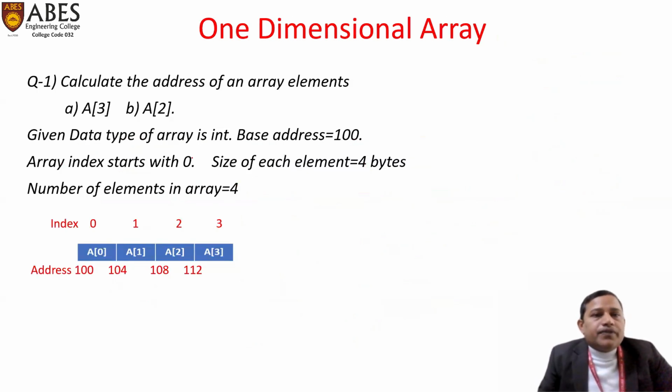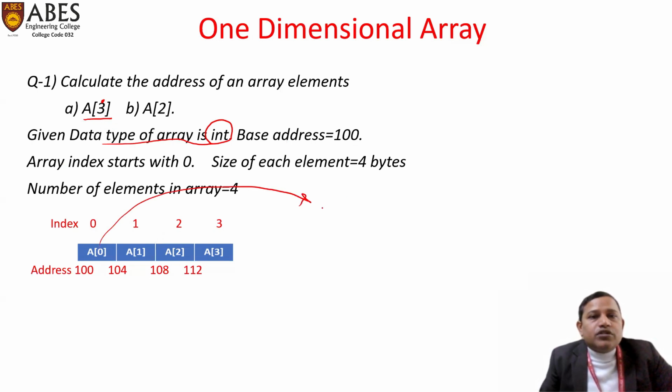For example, suppose we have an array A and we want to find the location of the index 3 element, and the data type of the array is integer, meaning the elements stored in the array are of integer type.